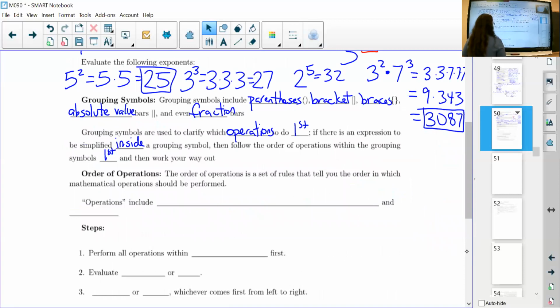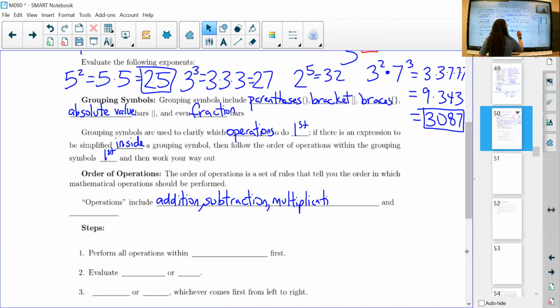So order of operations tells you which rule to do. By operations, we mean addition, subtraction, kind of listing them in the order that they were learned, multiplication, division, and yes, exponents.